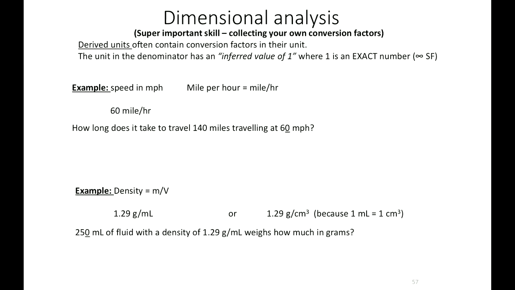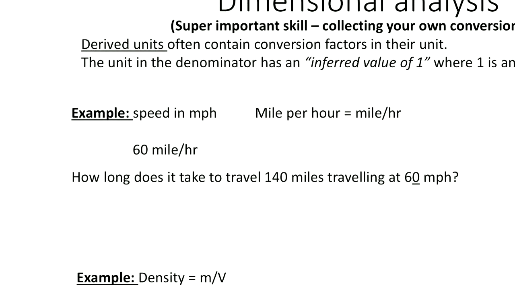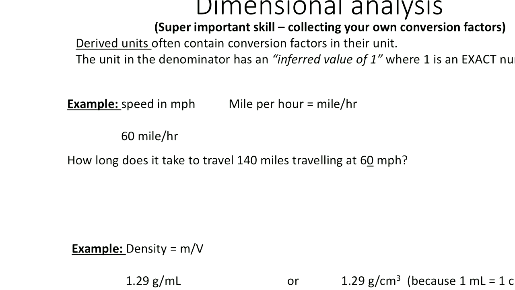So how we can turn a derived unit into a conversion factor. So here's an example, speed in miles per hour, all right? So here's a derived unit. There's a fraction embedded in it. So what we want to do is take the number and the unit in the numerator and set it equal to the bottom unit with an inferred 1.